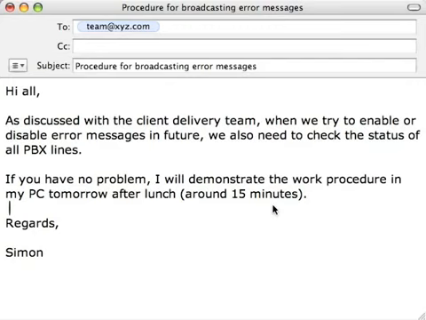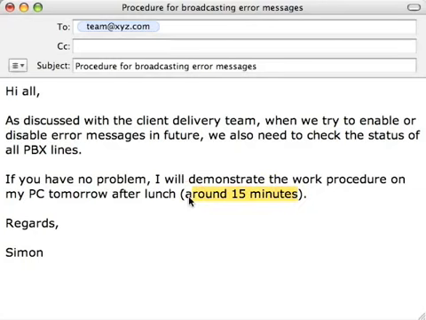Now, what about style problems in the second paragraph? I see two things we need to change. Simon's used the wrong preposition when he says he'll demonstrate the work procedure in his PC. This should be on his PC. I also think we need to make the last phrase of this paragraph a little clearer.